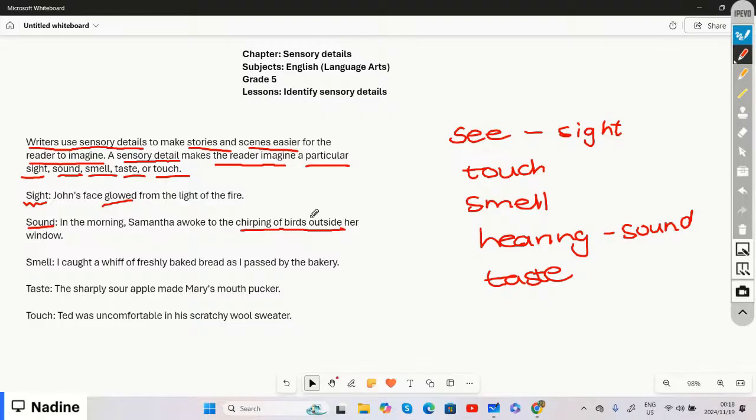And the chirping of birds also gives you an idea that the person also lives very far from the city. Sometimes you will get an idea of location based on what you say, like the chirping of birds.